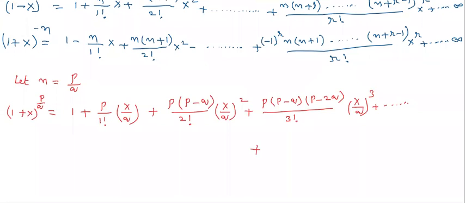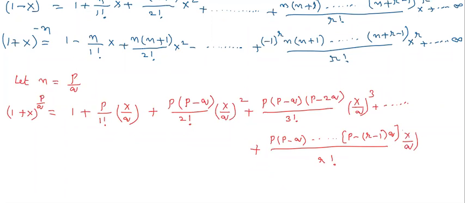Plus, what is the general term? p, p minus q, p minus 2q, and so on, p minus r minus 1 into q divided by r factorial into x by q whole power r and so on infinite.